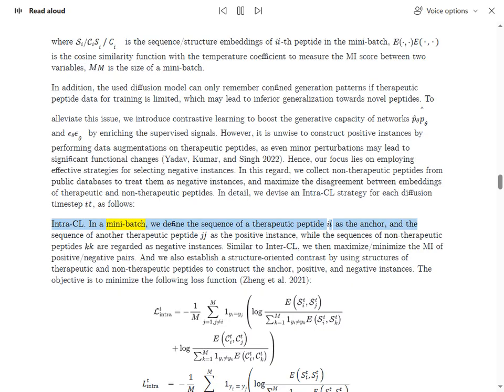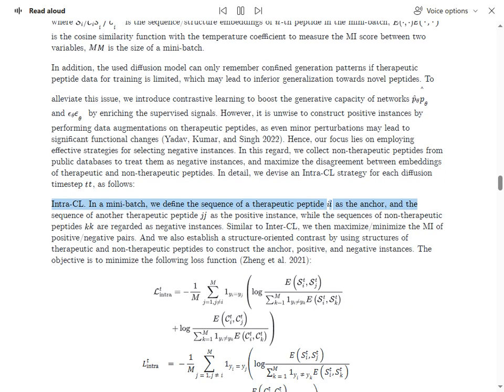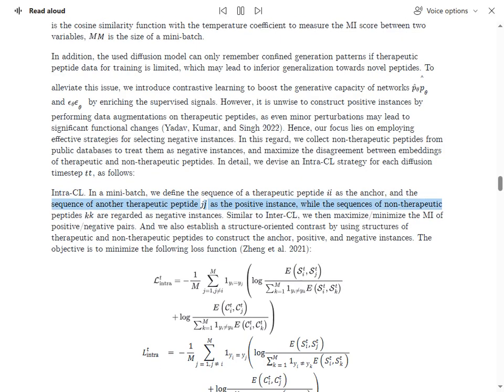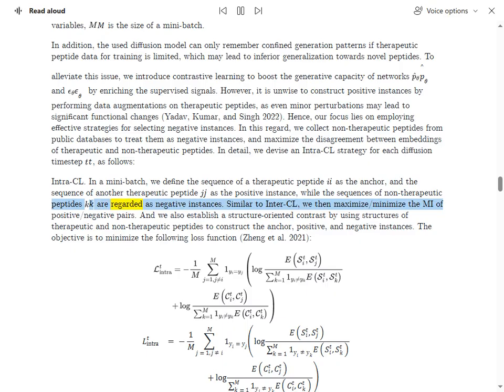In a mini-batch, we define the sequence of a therapeutic peptide, I, as the anchor, and the sequence of another therapeutic peptide, J, as the positive instance, while the sequences of non-therapeutic peptides, K, are regarded as negative instances. Similar to inter-CL, we then maximize / minimize the MI of positive / negative pairs.